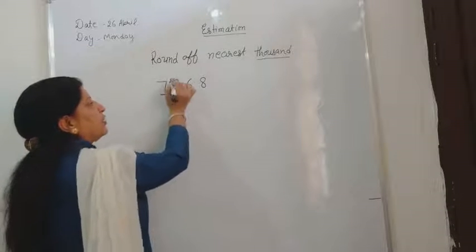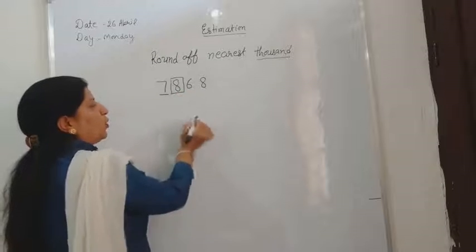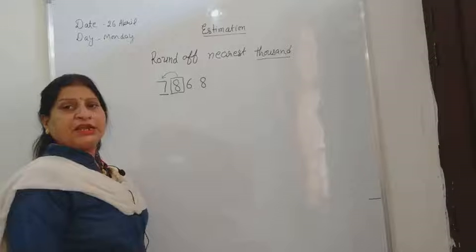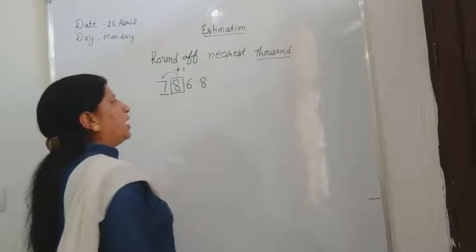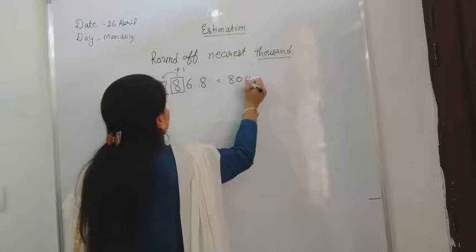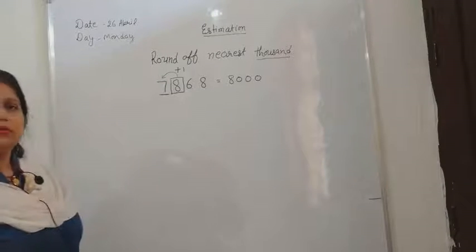The next digit is 8, so we put it in the box, and we see that 8 is greater than 5. So we add 1 to this number and our number becomes 8000. We replace the ones, tens and hundreds digits with 0.